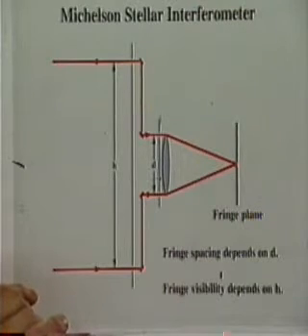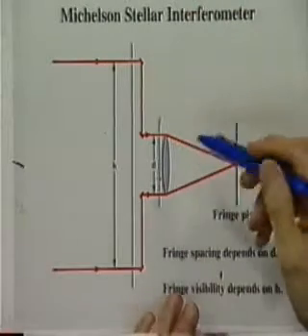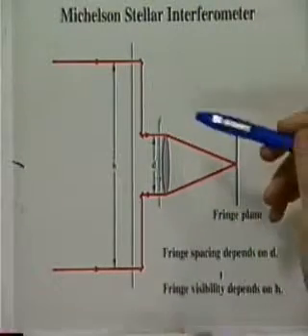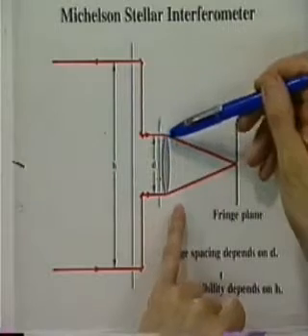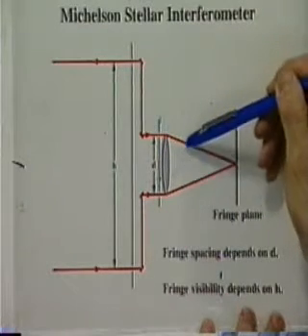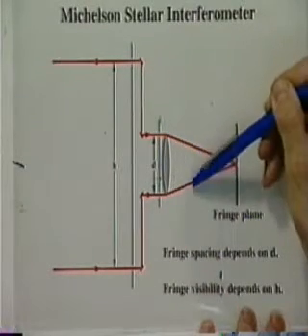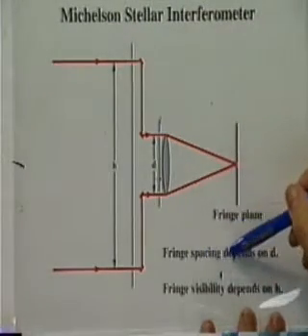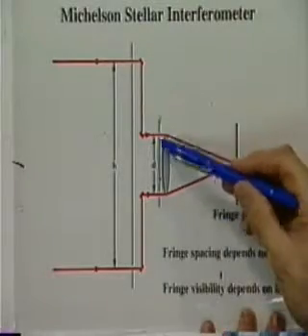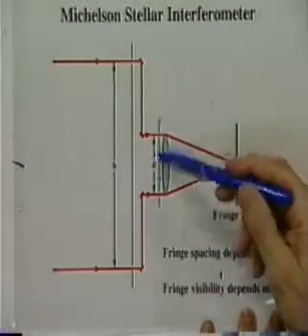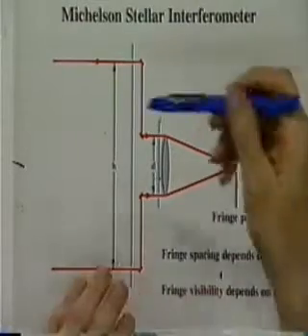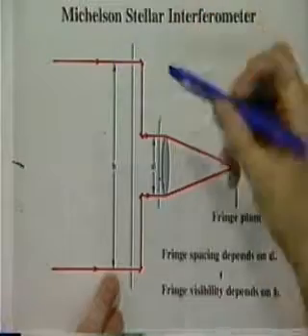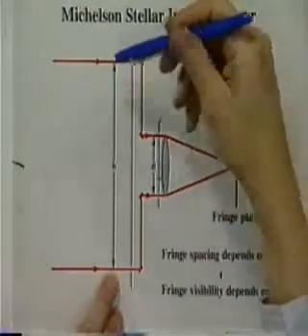And if we think for a second, what effect does d have on the fringes here? Well, d determines the angle between the 2 interfering beams, and so d will determine the fringe spacing. h will have no effect at all upon the fringe spacing, because the angle down here is independent of h.